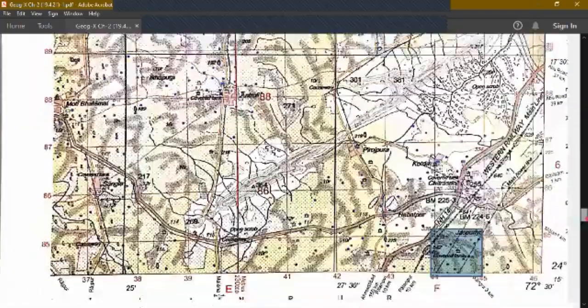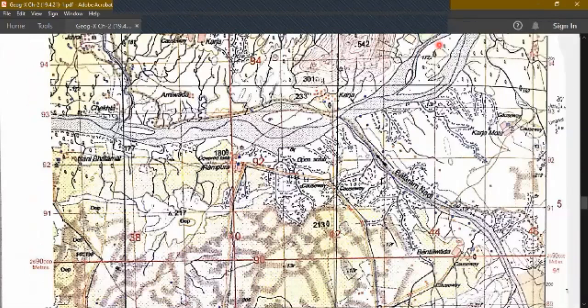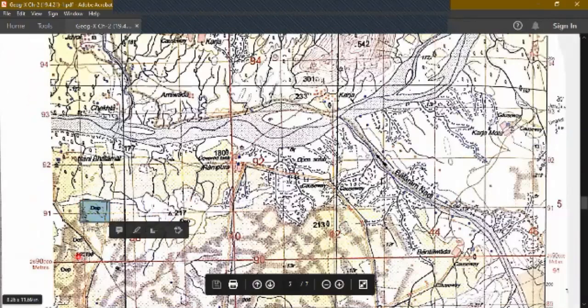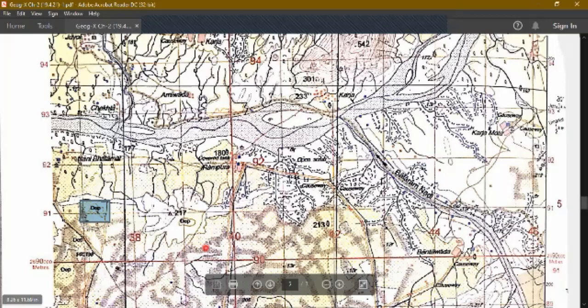Then there are certain other features, such as depression. Depression is indicated by the term DEP. They are land features formed by erosional activity of wind in the sand-covered regions. Next is the broken ground.